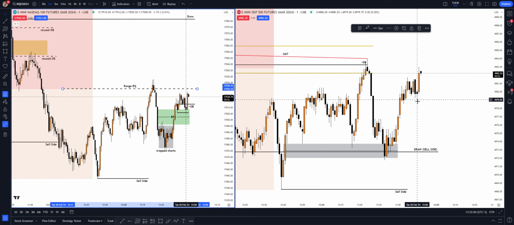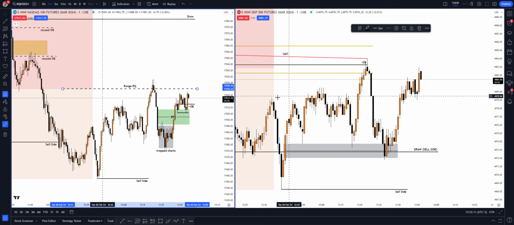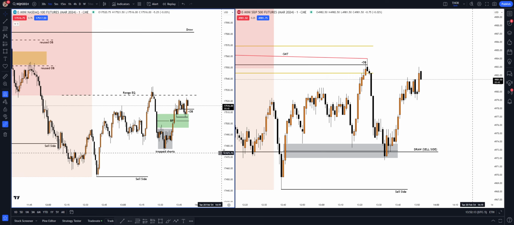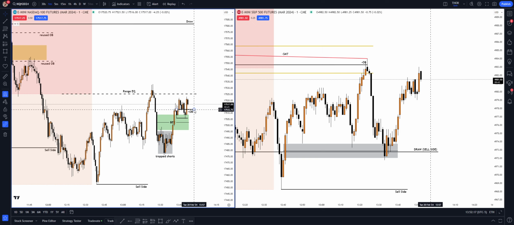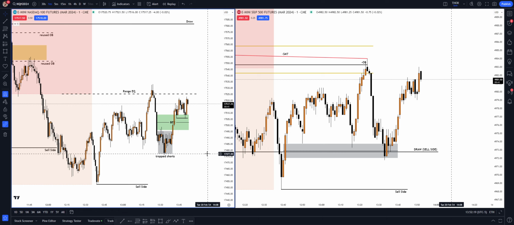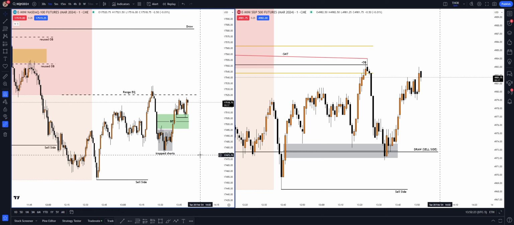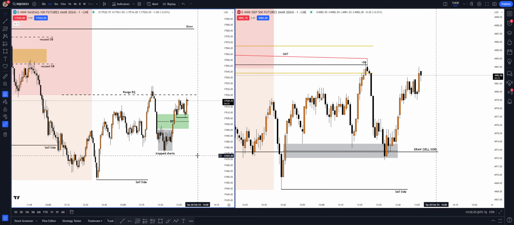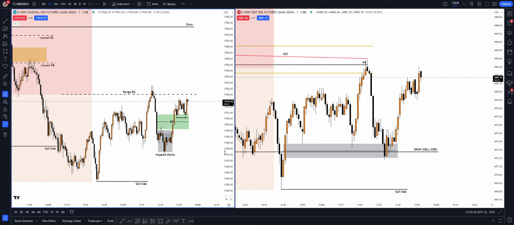I looked at ES. ES looking stronger than Nasdaq. The likelihood of Nasdaq raiding that low and rallying higher is more likely. Let's see. It's almost silver bullet also in the afternoon session. 8 minutes.